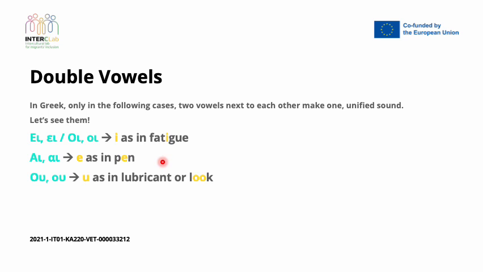Now, a point that I want to make here is that for you to know which of the E vowels you have to use, whether the single vowels or the double vowels, is a matter of vocabulary. So when you learn Greek words, you just have to memorize which of the E sounds you're supposed to be writing down.